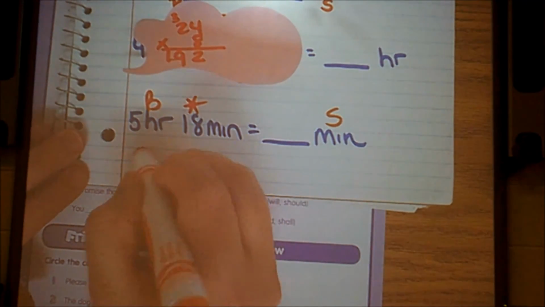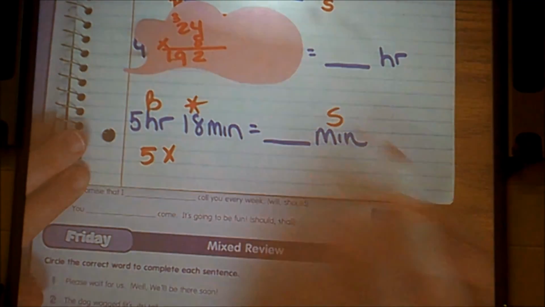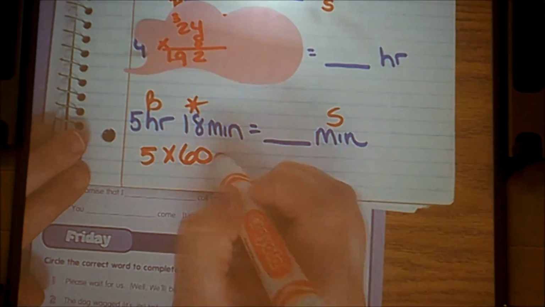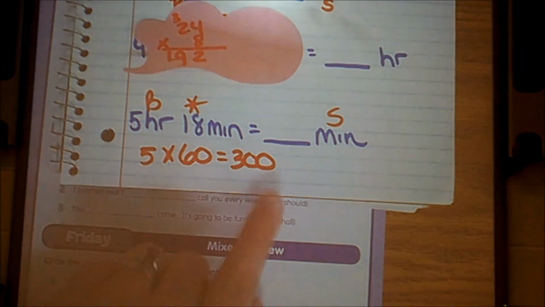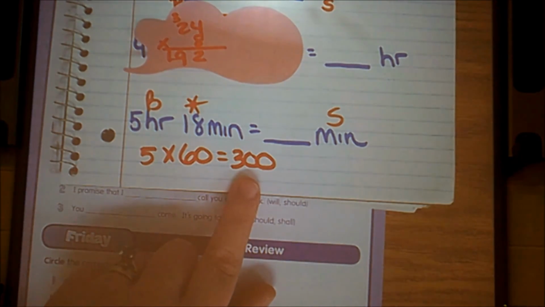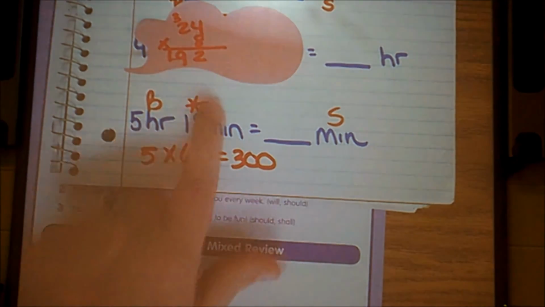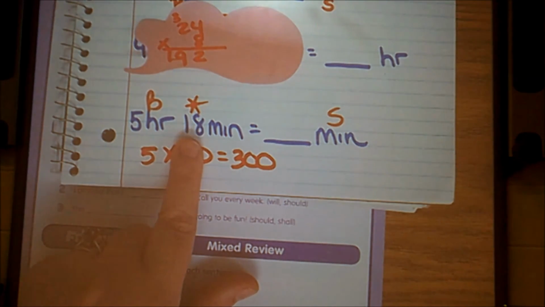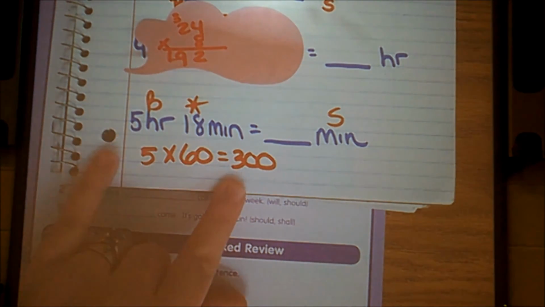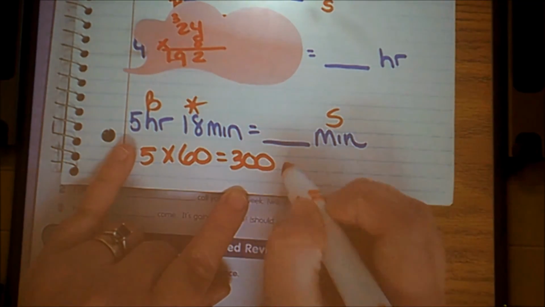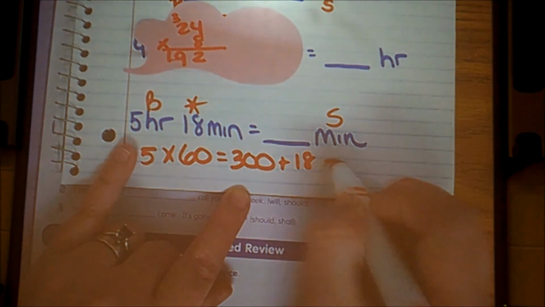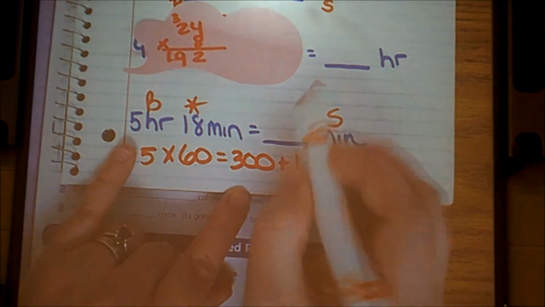I multiply 5 hours times 60 minutes in each hour, which gives me 300 minutes. But guys, this is not your final answer. I have to add in my additional 18 minutes here, because this 300 is only equal to 5 hours. I have to add back in my 18 minutes to get my final answer.